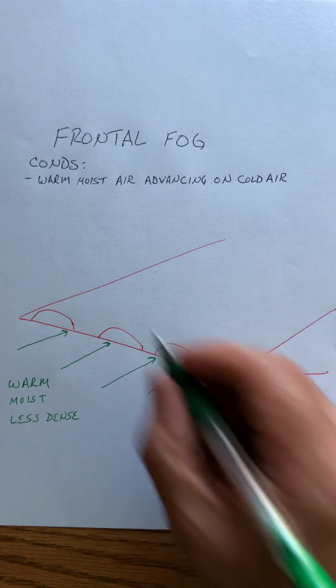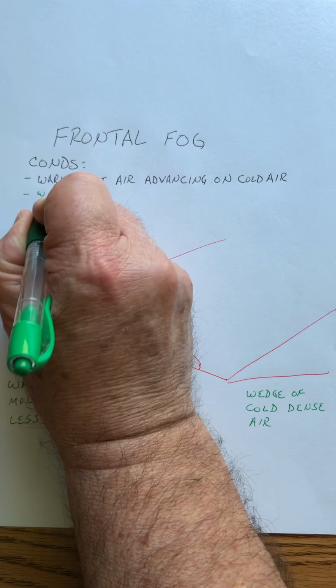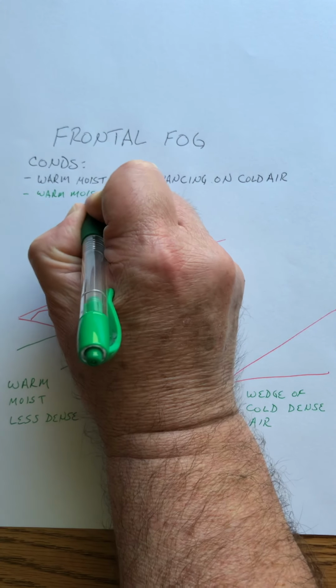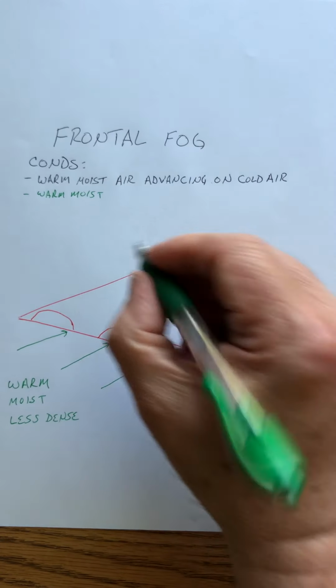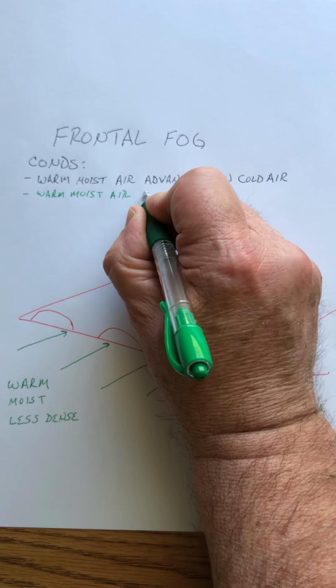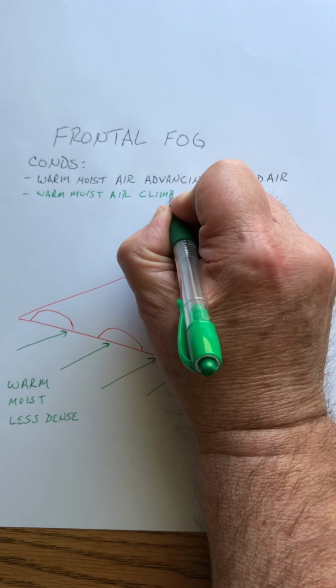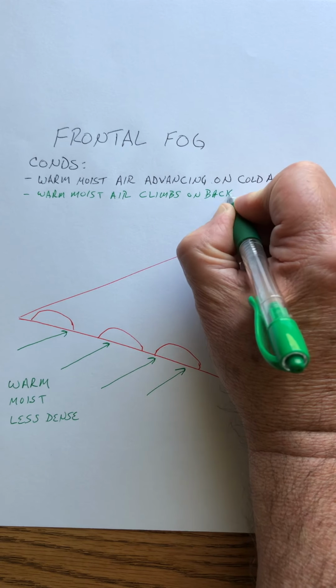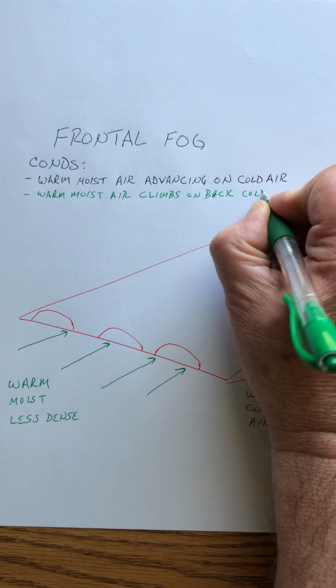And when it does, the warm, moist air, being less dense, will climb up over the back of that cold air wedge.